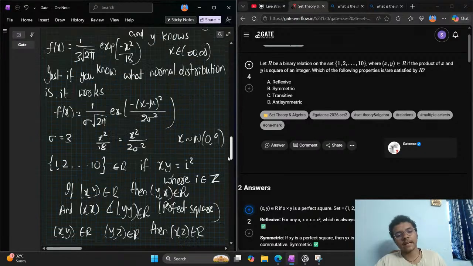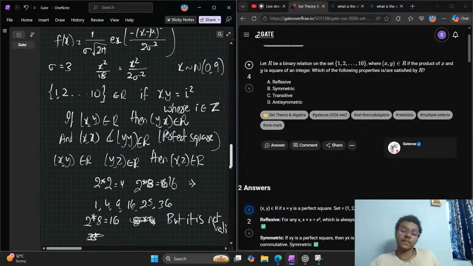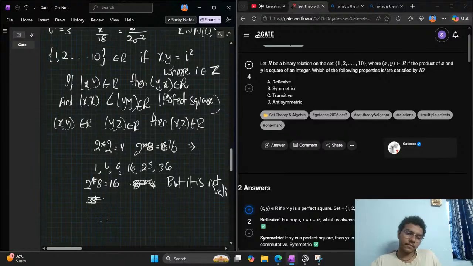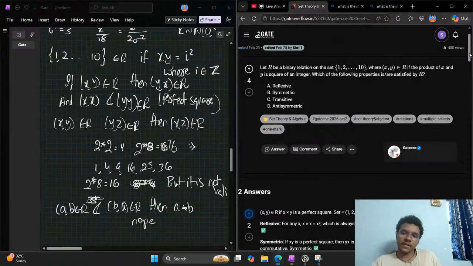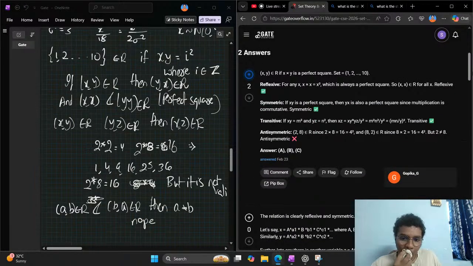Antisymmetric. What does antisymmetric mean? A comma B belongs to R and B comma A belongs to R, then A is not equal to B, right? So it can be only reflexive and symmetric.